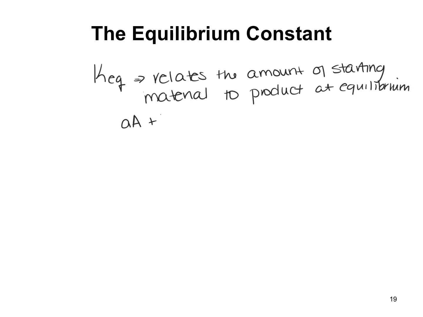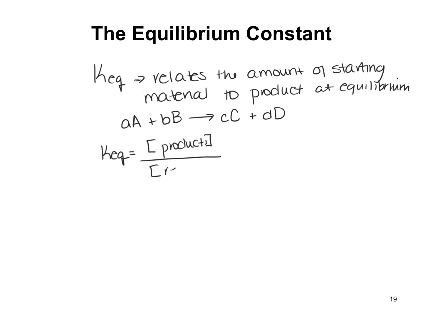You probably remember a generic reaction that looks like this, where the lowercase letters are the coefficients and the uppercase letters are the chemical species. When we talk about KEQ, we take the concentration of the products over the concentration of the starting materials or reactants.